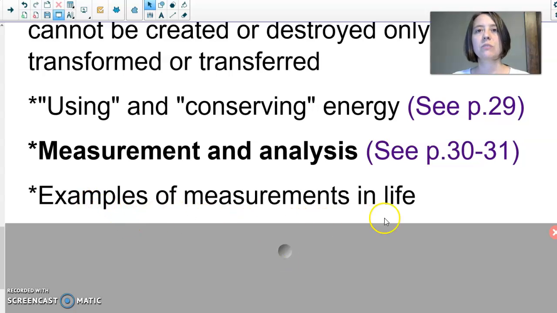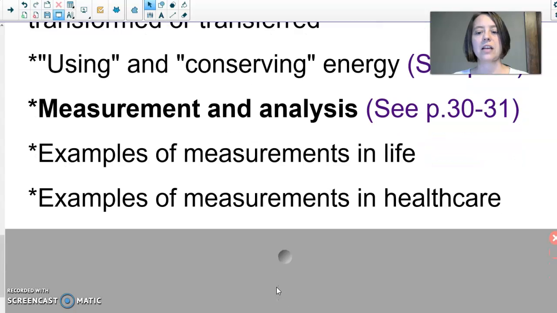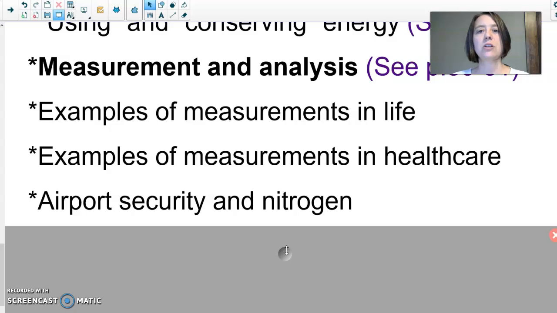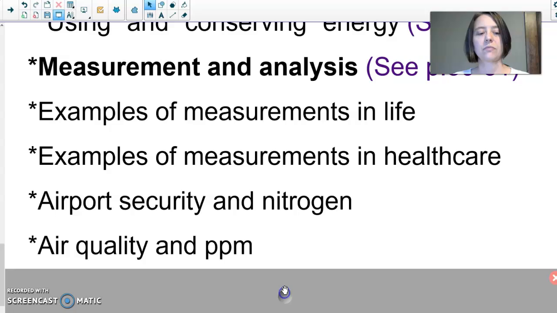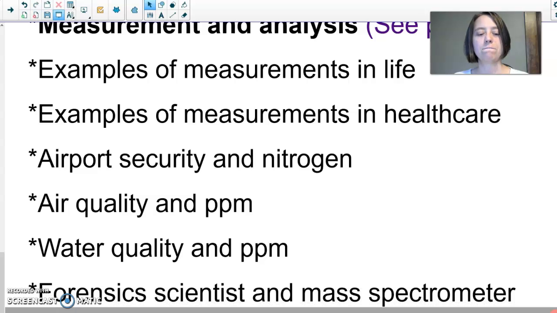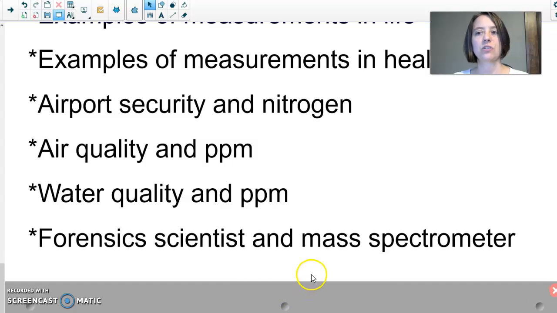So examples of measurements in your life, examples of measurements used in healthcare, in hospitals, measurements used in airport security and specifically nitrogen, air quality and what parts per million is, water quality, some things we're looking at, and parts per million again, and forensic scientists, and a mass spectrometer.